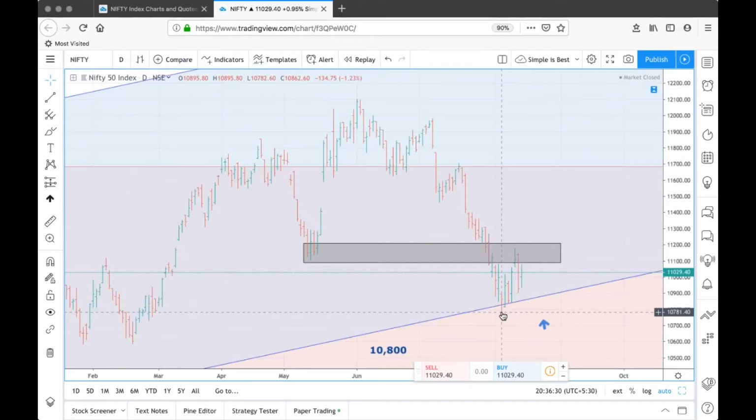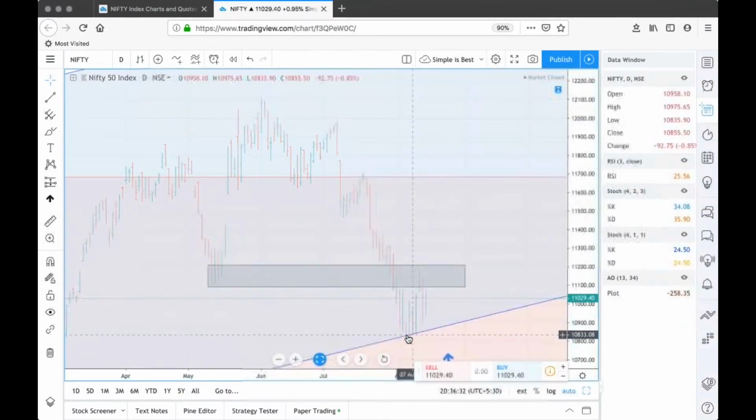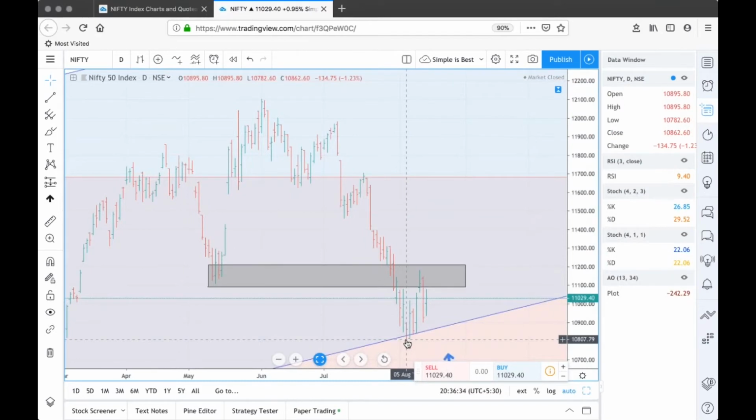So this low, if I talk in terms of low, not closing price, it's 10,782. Now, if 10,782 is breached and the market bounces back the very next day, if this low is broken for, let's say, 10, 20, 50 points, and on the same day the market goes inside 10,800, or the very next day it goes back above 10,800, then this will be a bear trap.